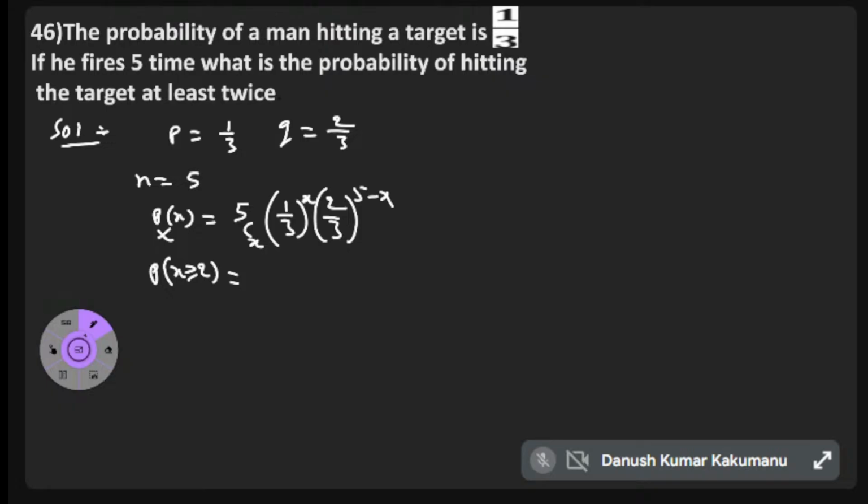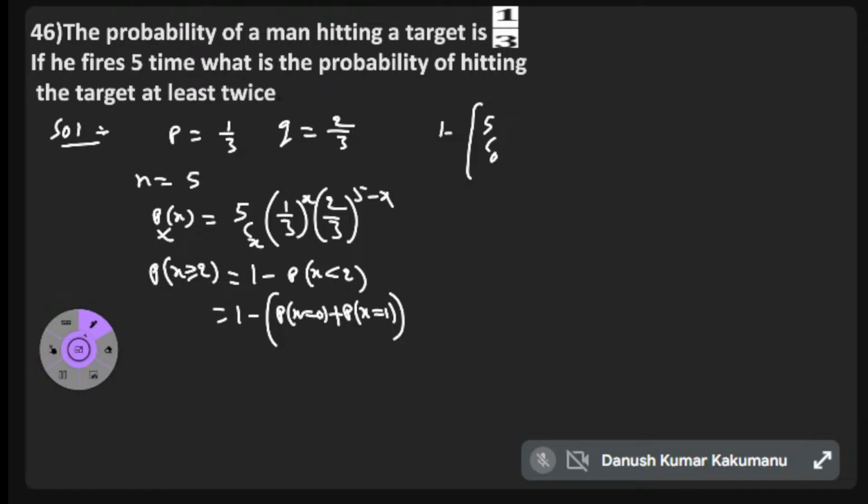Instead of that, 1 minus P of x less than 2. What is P of x less than 2? X is equal to 0 and x is equal to 1. Substitute and simplify. What is the answer we are going to get? 1 minus P of x equal to 0: 1 by 3 to the power of 0, 2 by 3 to the power of 5, plus 5C1, 1 by 3 to the power of 1, 2 by 3 to the power of what? 5 minus 1 is 4.